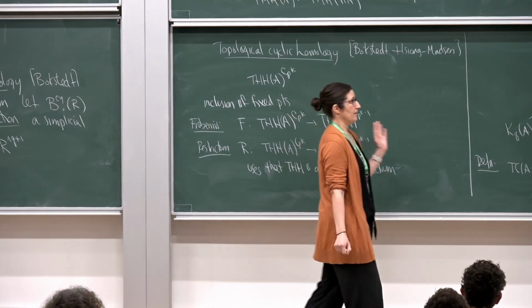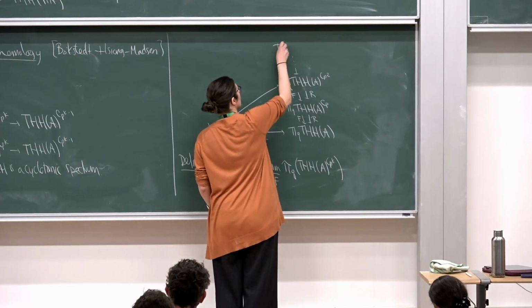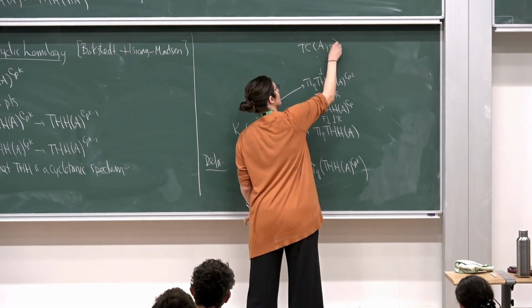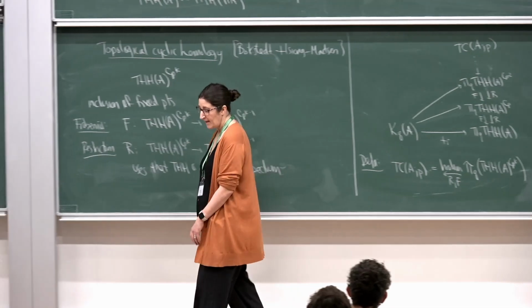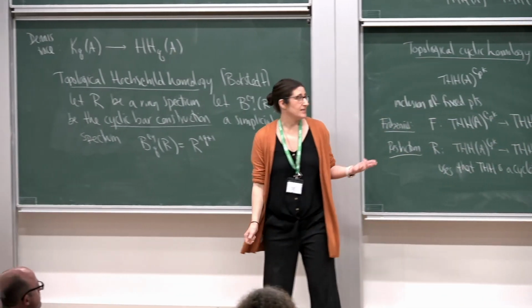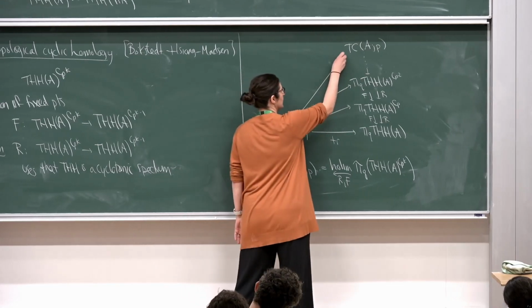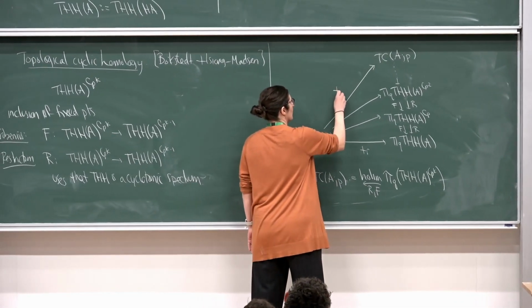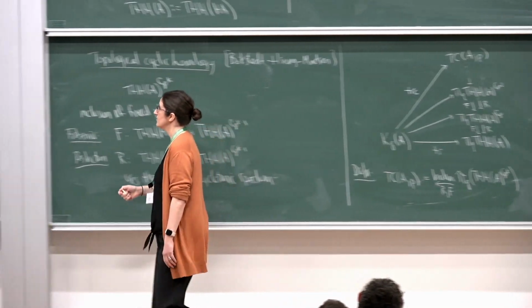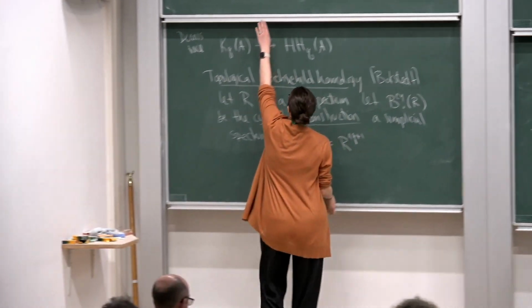So in other words, in my picture, TC goes up here. Topological cyclic homology lives up here. And further, what Bökstedt, Chang, and Madsen proved is that this topological Dennis trace map lifts all the way to TC. So this is called the cyclotomic trace.